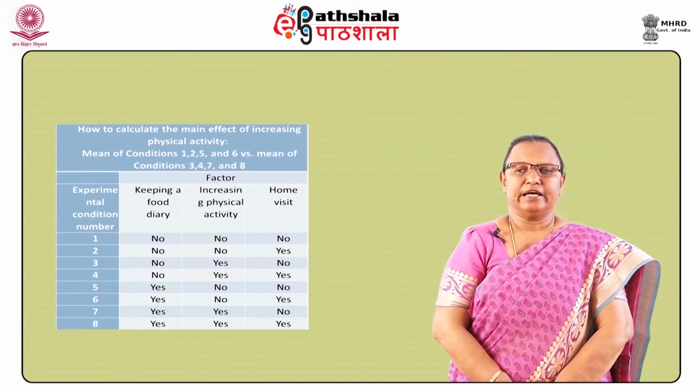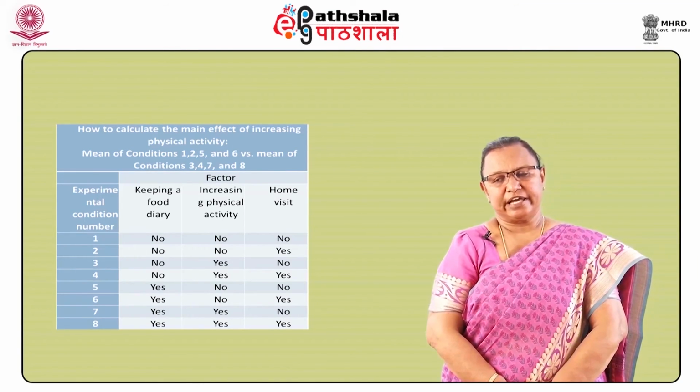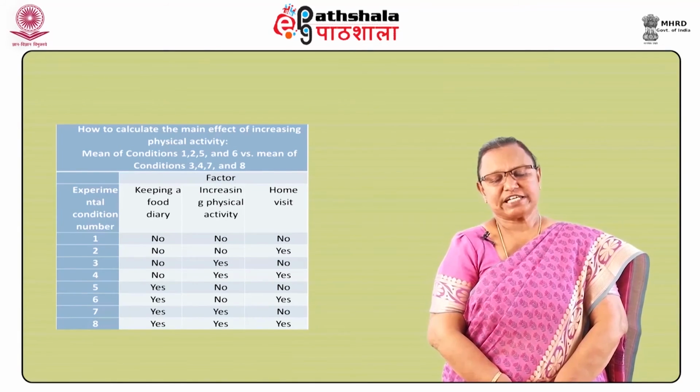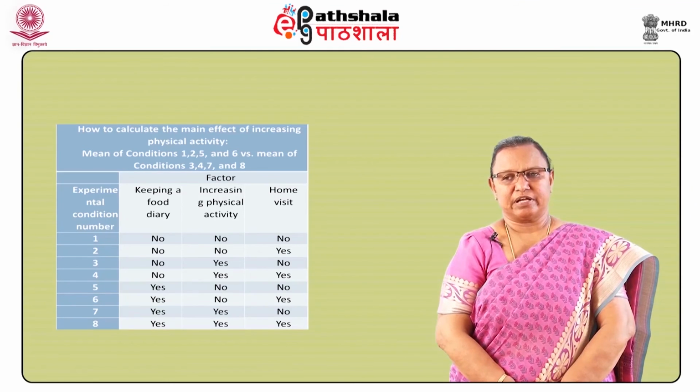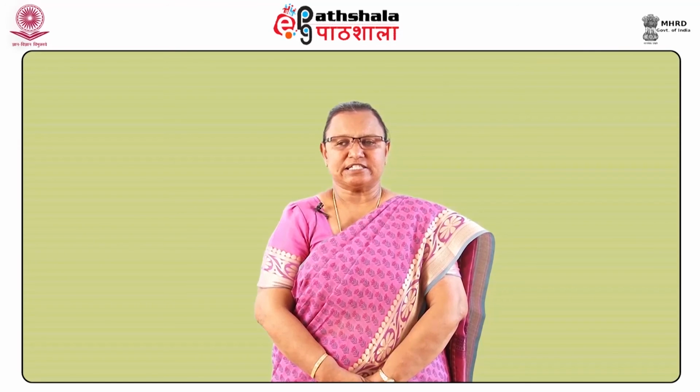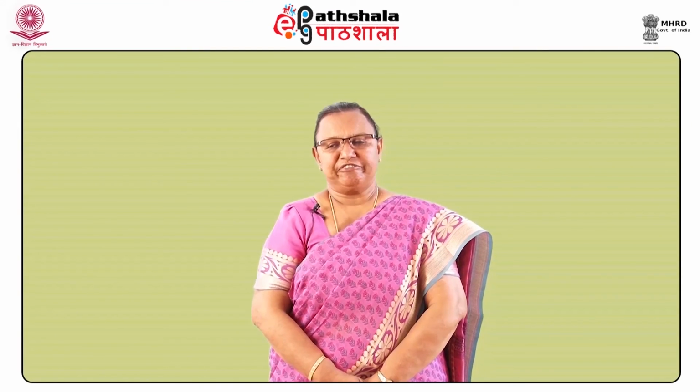But in conditions 3, 4, 7 and 8, physical activity is given as an intervention. Of course, in these two groups, the effect of the other two variables, that is keeping a food diary and home visits, are also there. In 2 of them they would be present and in 2 of them they would be absent.